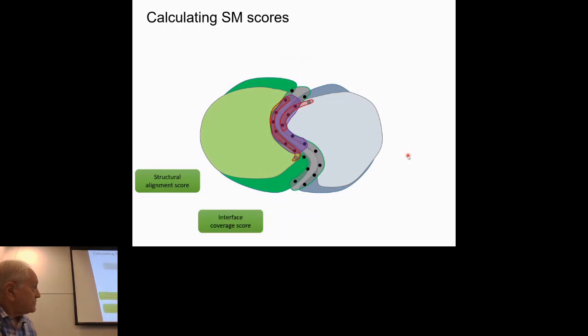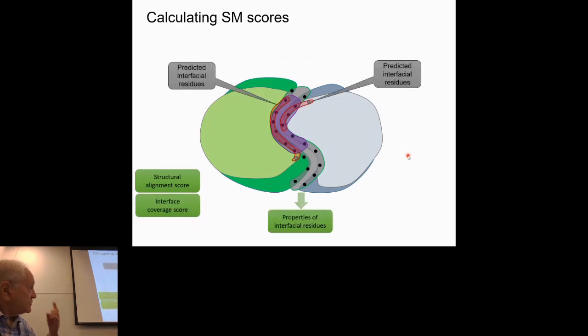And then we ask how many of the contacting residues in the model are predicted to be interfacial. So we get a score, we measure each of these variables, and because we're only looking at a few residues in an interface, the evaluation is immediate.